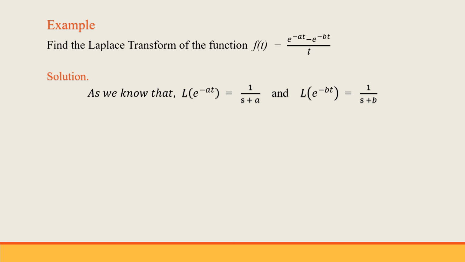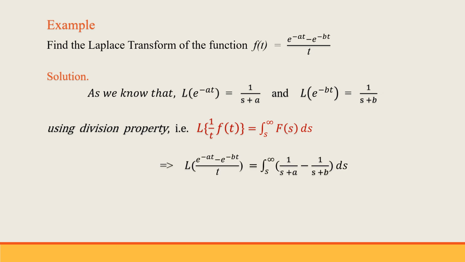So by the division property, we can write the Laplace transform of (e raised to the power minus at minus e raised to the power minus bt) by t as integral s to infinity of 1 by s plus a minus 1 by s plus b into ds.